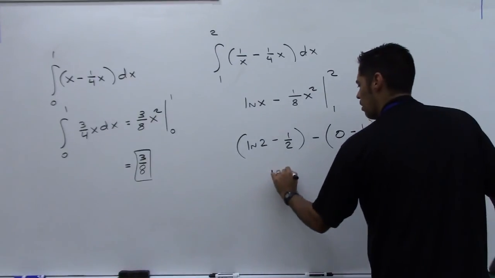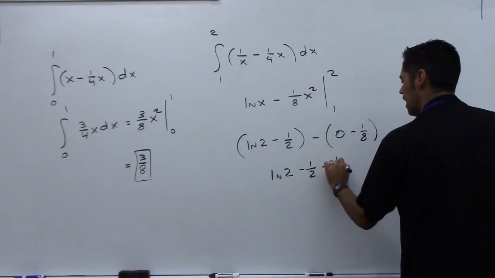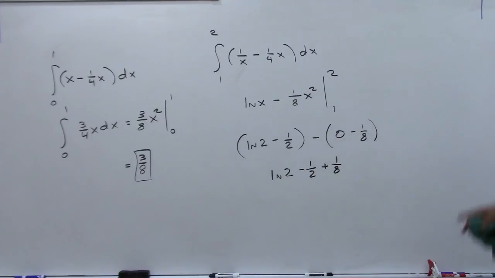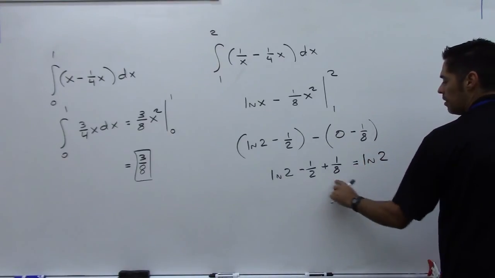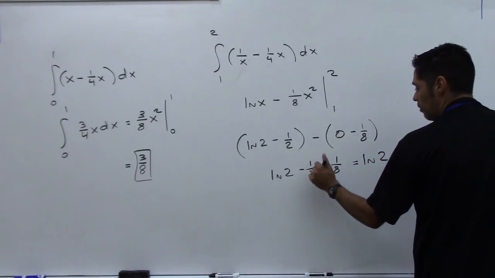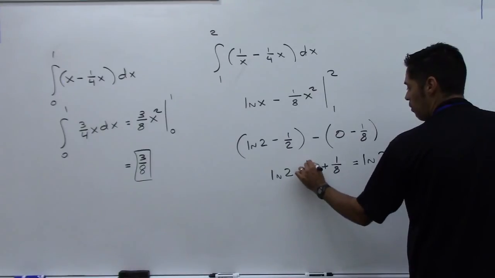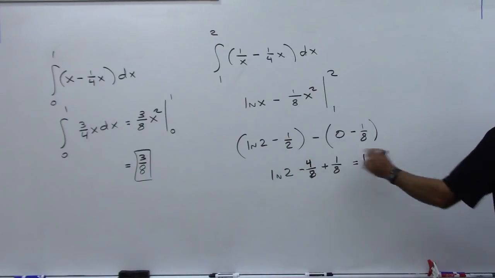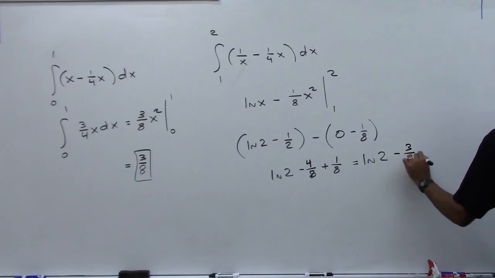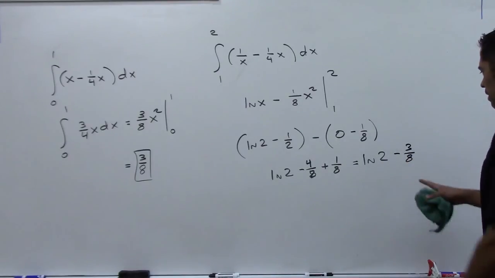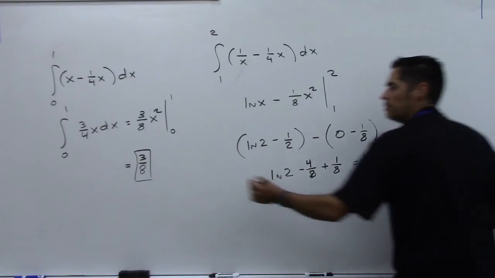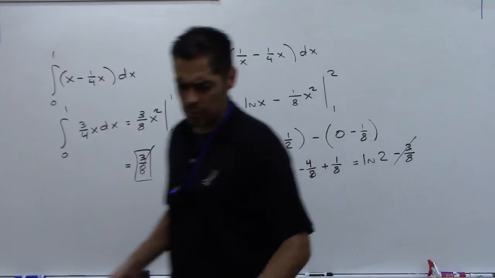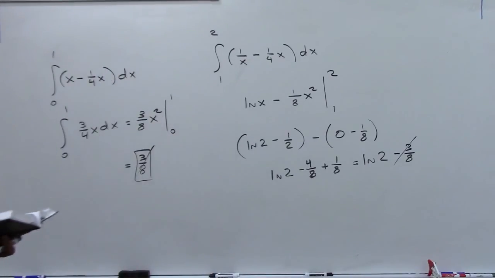So this becomes natural log 2 minus 1/2 plus 1/8. So what do you get there? Natural log of 2, and when we put these two together, you rewrite this one as 4/8, and then add together and you get negative 3/8. Oh, hey, check that out. I got to take this and add it with the first area, so those 3/8 cancel. So natural log of 2. Looks like the answer is natural log of 2. And this is number 19.